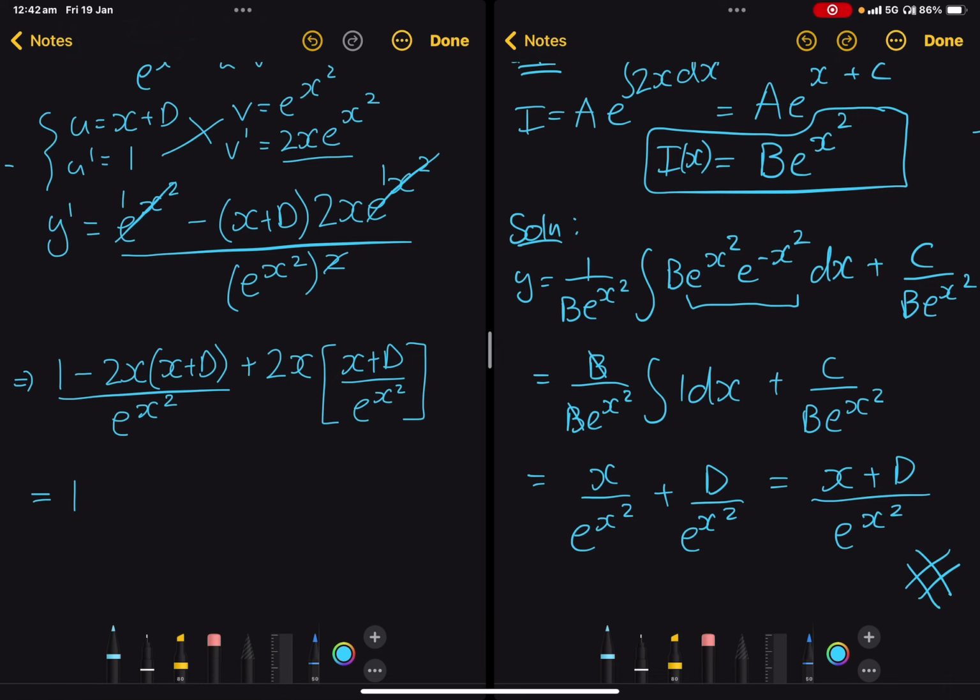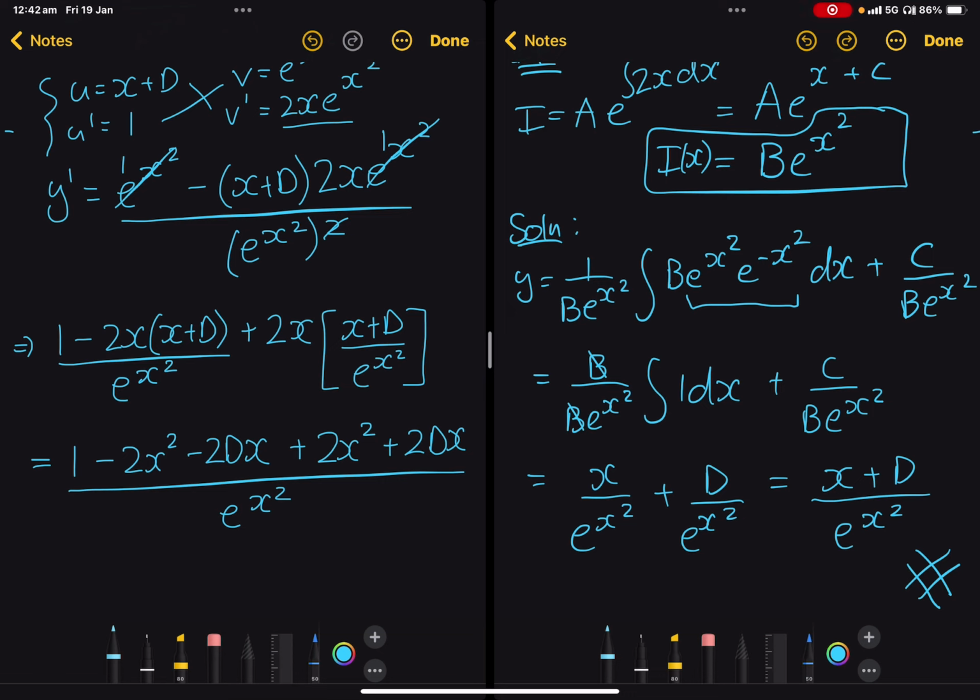So this becomes 1 minus 2x squared minus 2dx, plus 2x squared plus 2dx. Essentially, we're looking for these to cancel. When you're doing this working, look at those signs as you go along, because it's very easy to lose or gain a sign in these types of questions. This is all over e to the x squared.